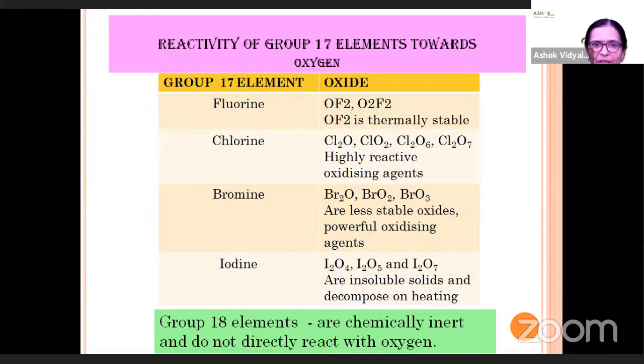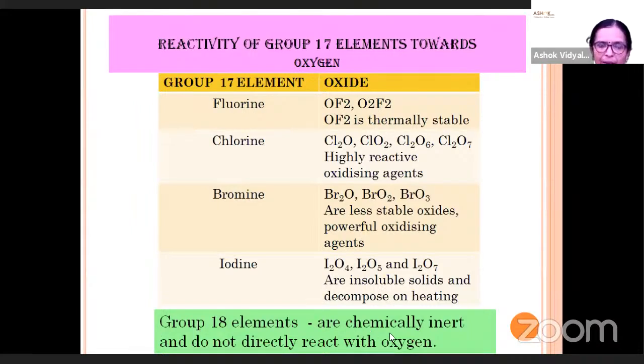agents. Iodine forms oxides like I2O4, I2O5, I2O7, and they are insoluble solids and they decompose on heating. Means all the oxides of iodine are insoluble and solid, and they also get decomposed when they are heated.